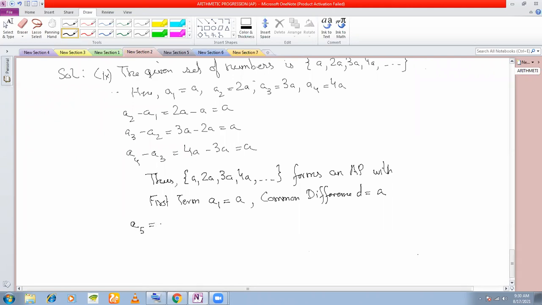So A5, A1 plus 4D, so A plus 4A, which is 5A.